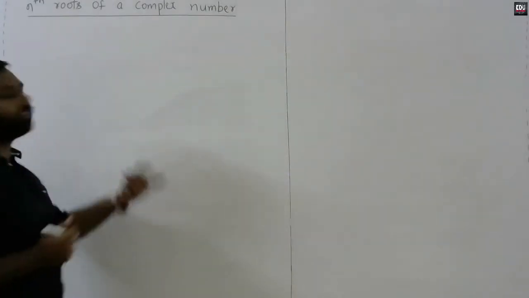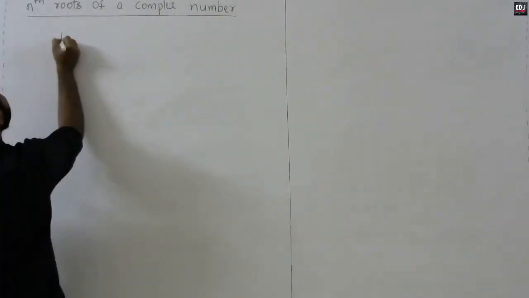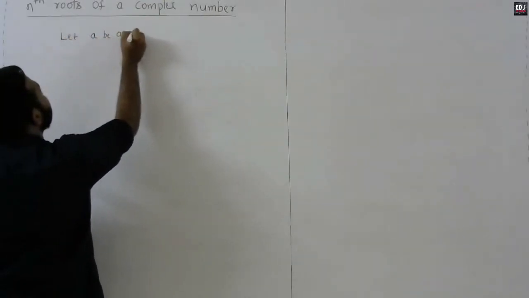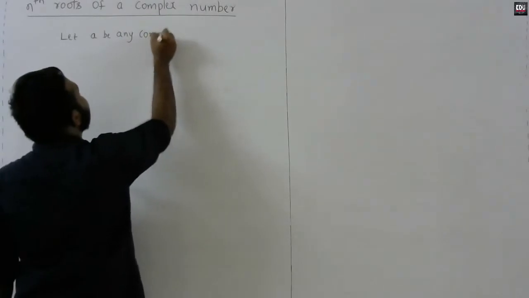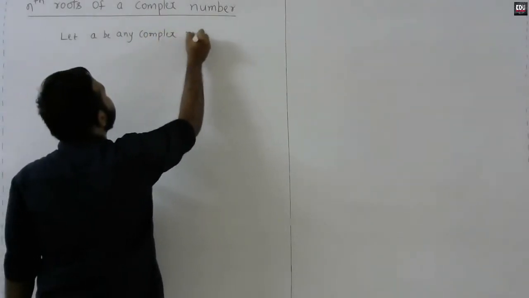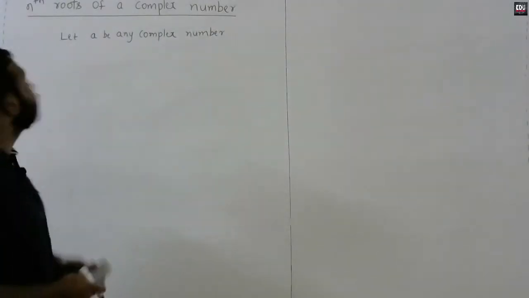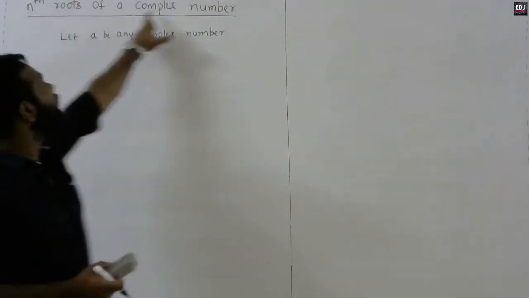So we shall start with a general complex number. Let a be any complex number. Now what we have to do is find nth roots of a complex number.